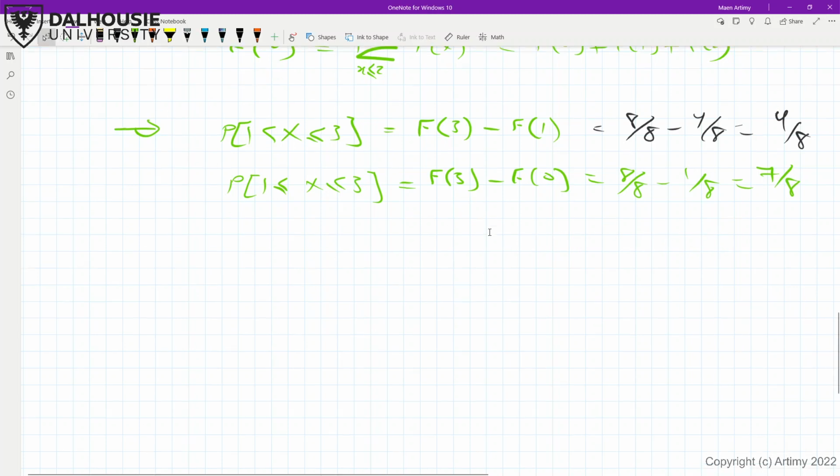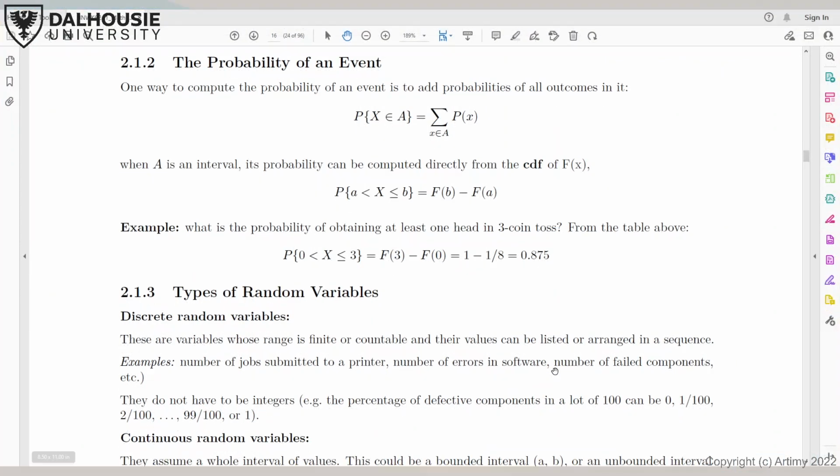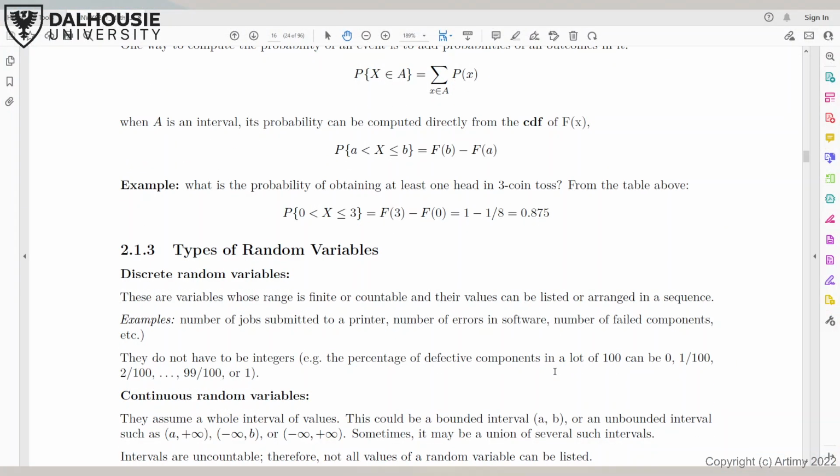Okay, so all the variables that I used are discrete, right? Discrete doesn't mean integer, but it means that I don't have a definition of anything in between. So it's either 1 head or 2 heads or 3 heads or 0 heads, but there is no such thing as 1.5, no such thing as 1.57.